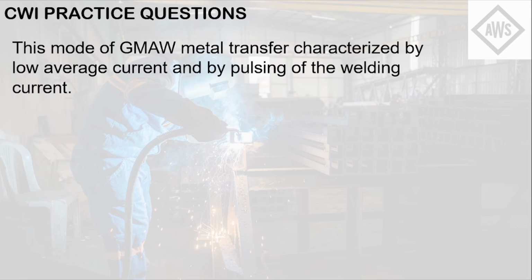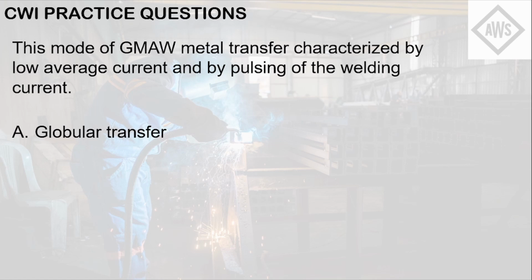Next question. This mode of GMAW metal transfer is characterized by low average current and by pulsing of the welding current. So the GMAW process has three main modes of metal transfer. So what are those? You need to also identify that because it's a common question in the CWI exam.